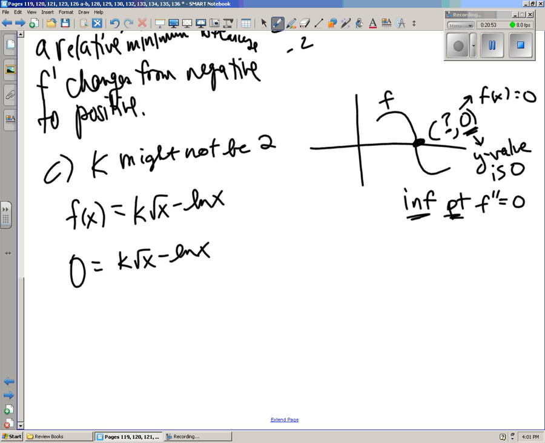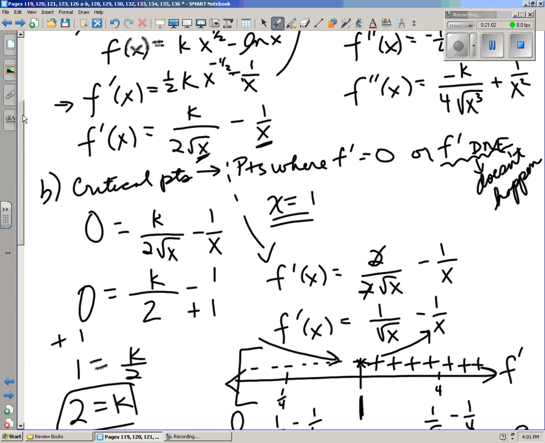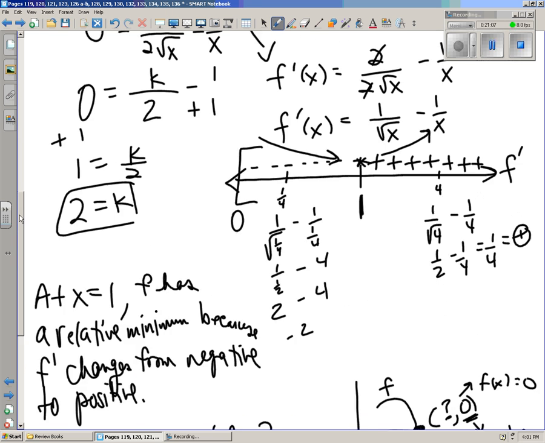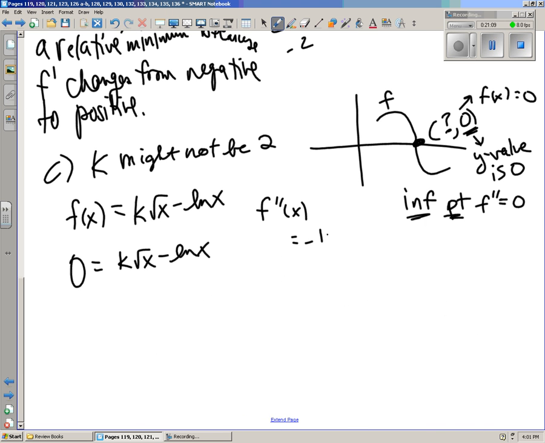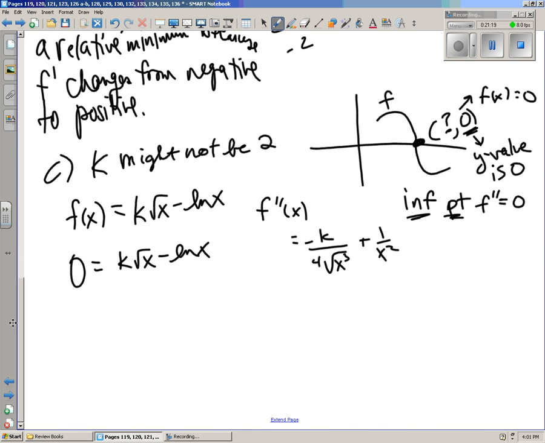So f double prime, if I recall, which I don't actually, was negative k over 4 radical x cubed plus 1 over x squared. Let me just make sure I have that right. Good. So there's f double prime of x. This also needs to be 0. So now we get two simultaneous equations in one variable.